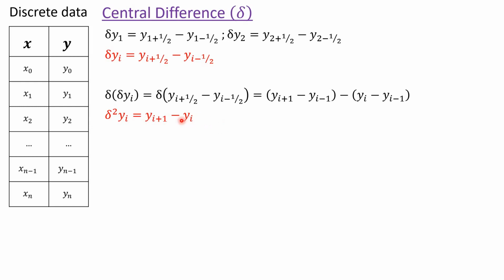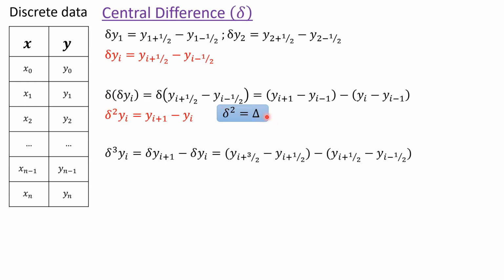So here you can see this delta square behaves like the forward difference operator del, right? Because we know that del of yi is y of i plus 1 minus yi. So if you operate the central difference operator, its effect is the same as the forward difference operator.